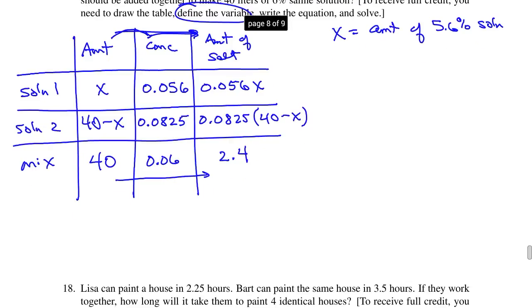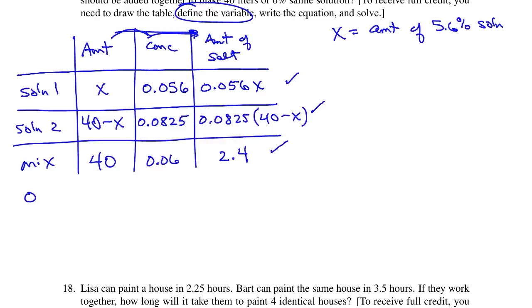So next, let me create some space here. So next I want to write the equation, and the equation is simply this first amount of salt plus the second amount of salt is equal to the total amount of salt.